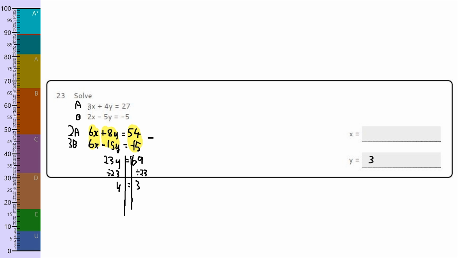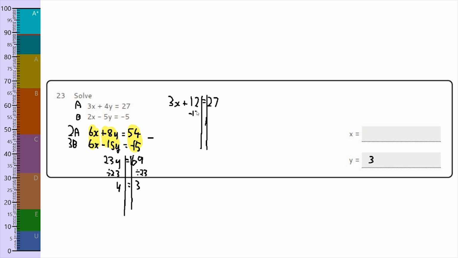Now I need to work out what x is. So I'm going to write one of these equations, doesn't matter which, I'm going to pick A, but I'm going to substitute in my y equals 3. So 3x plus 4 times y, which is 12, equals 27. And then I'm going to solve this.